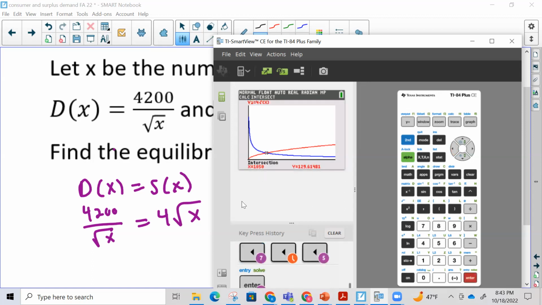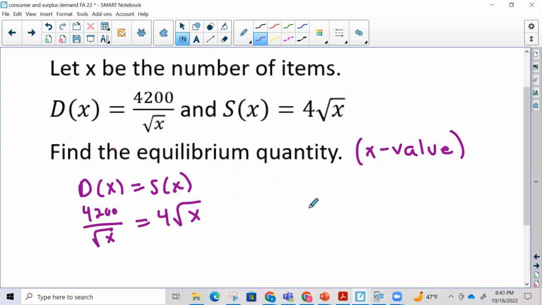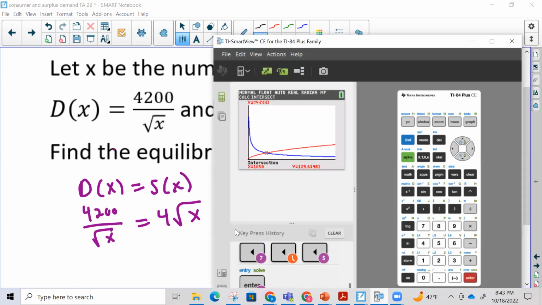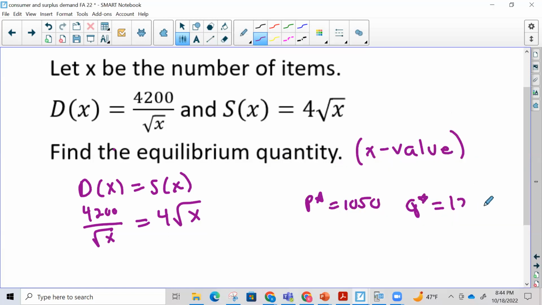So it's 1,050 and 129.61. So that would be your equilibrium. Your P star in this case would be the 129.61 and the Q star would be the 1,050 if I do 2 decimal places. Okay, so this would be the point of equilibrium.